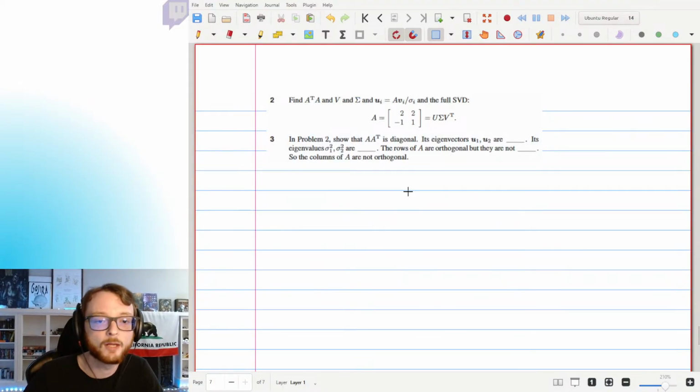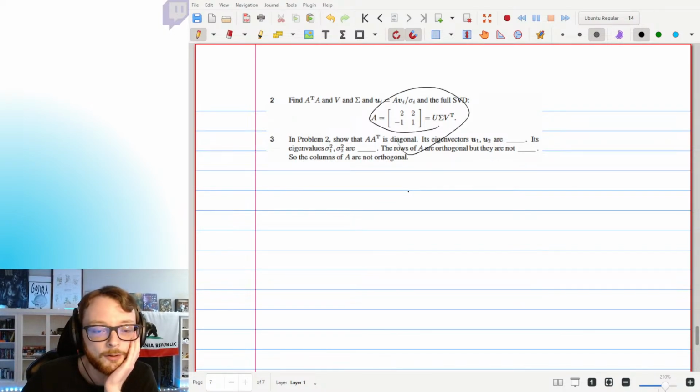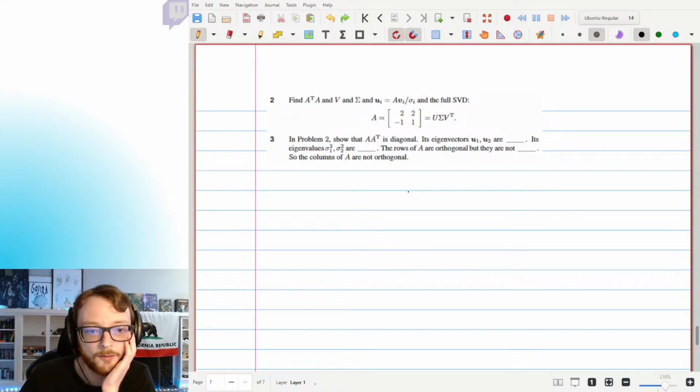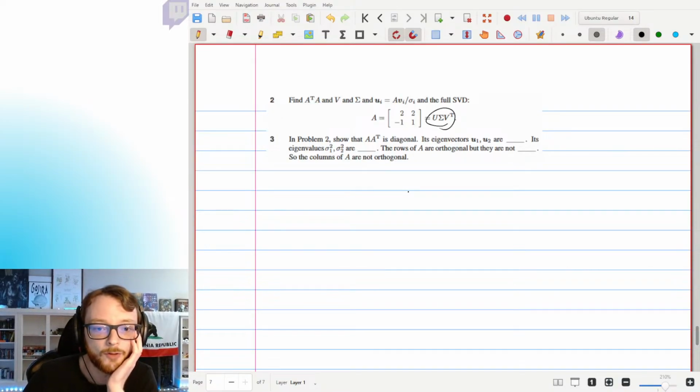Okay. Now I was trying to do 2 last night, and I was getting really annoyed that the order of things within U, sigma, and V seems like all you can do is guess and check to figure out the right order.